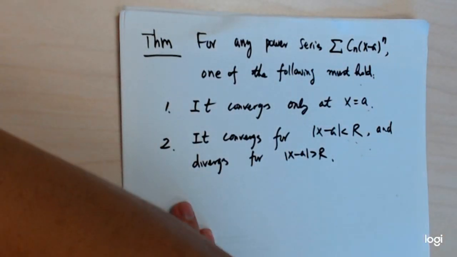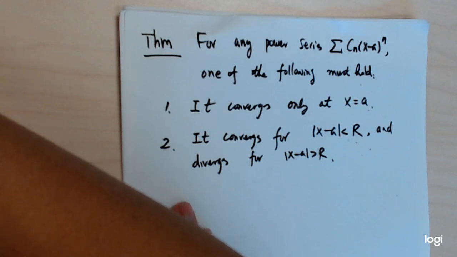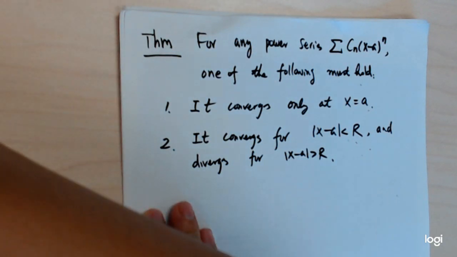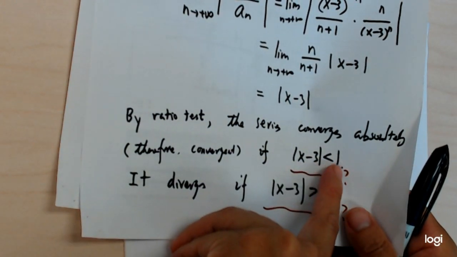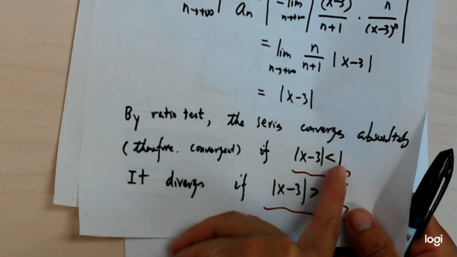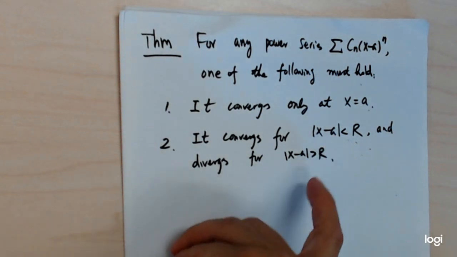Here's our previous example. This series converges if x minus 3 is less than 1. So the R in this example is 1. You see this? R is 1.